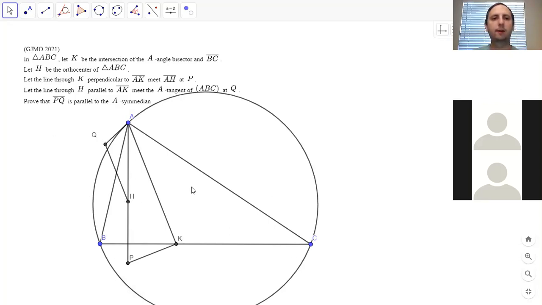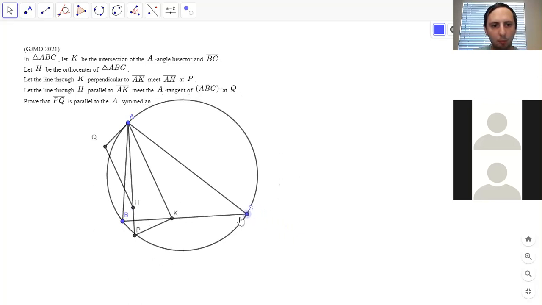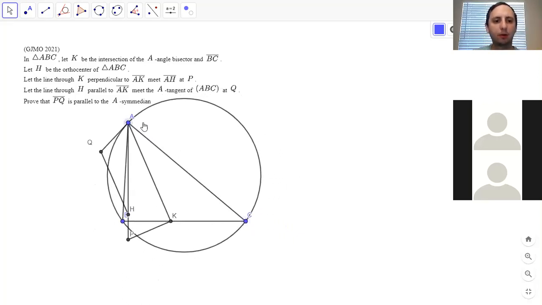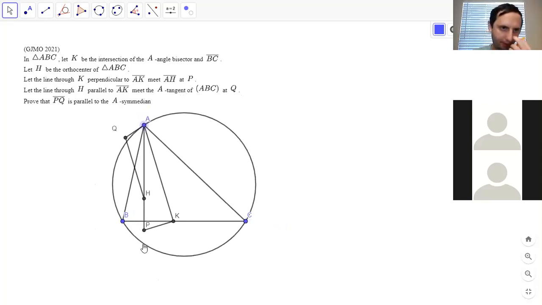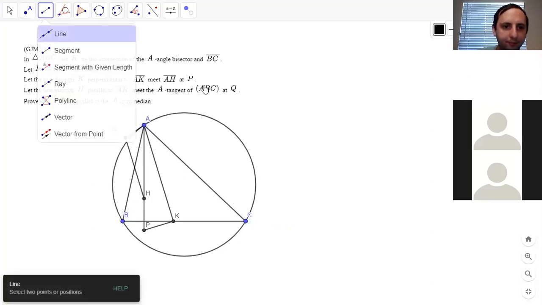So maybe I should draw the tangents at B and C. Hold on just a second. And it might be worth extending AH to meet the circumcircle. So I'm going to do all that.